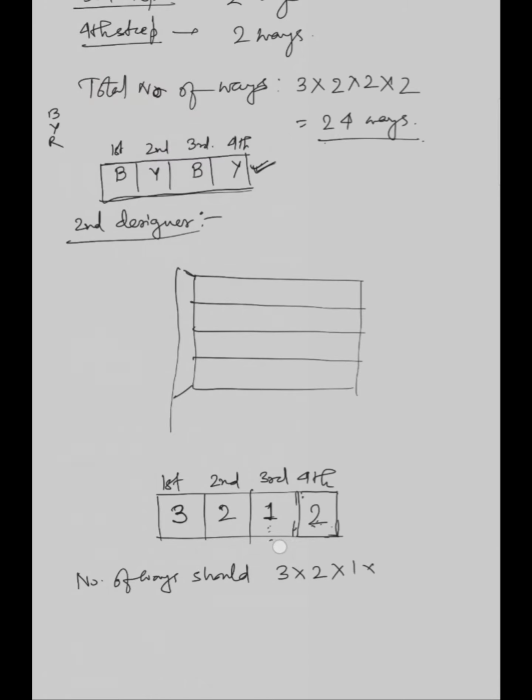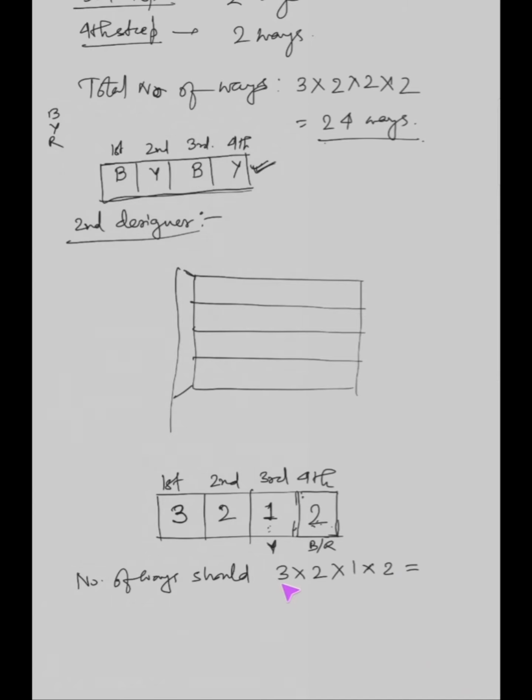If yellow is there, then you may choose blue or red for this, blue or red. So in any way you approach, the fourth box can be applied in two ways.